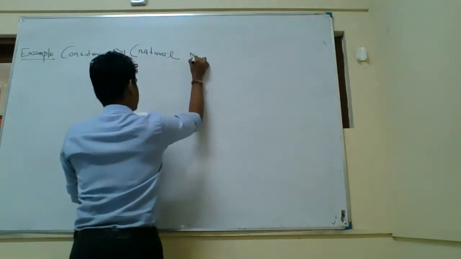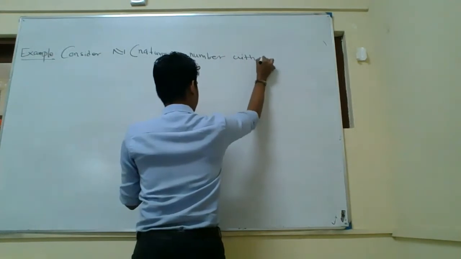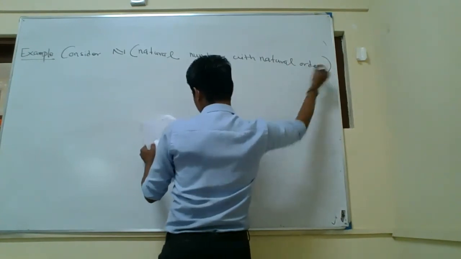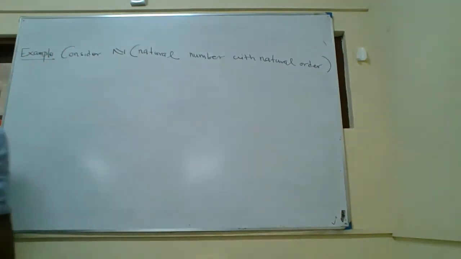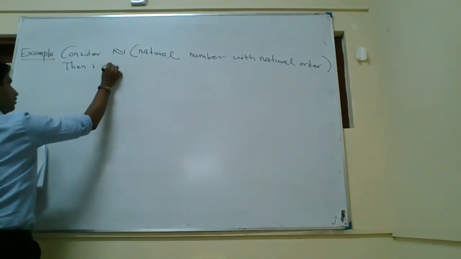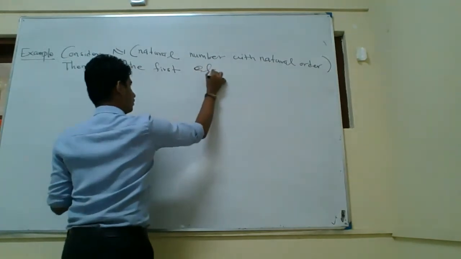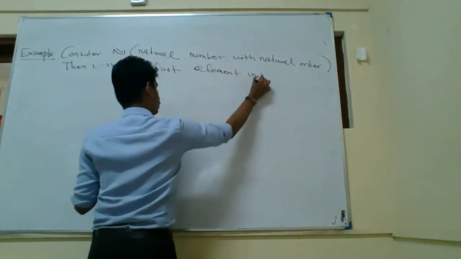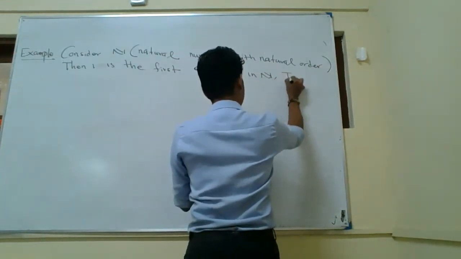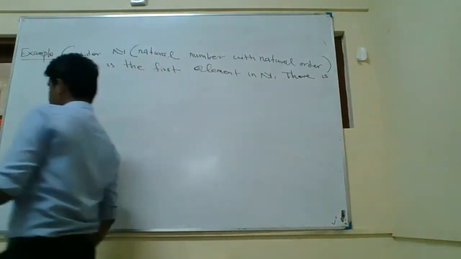With natural order, 1 is the first element in the natural numbers, but there is no last element.